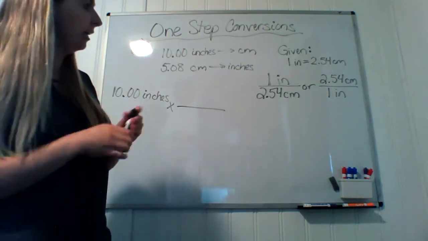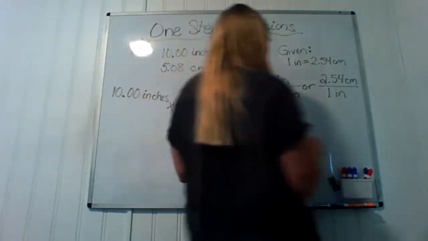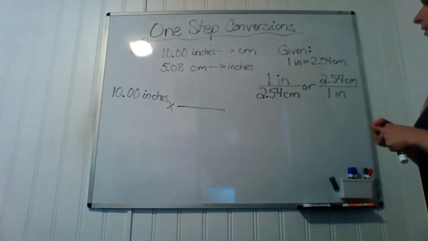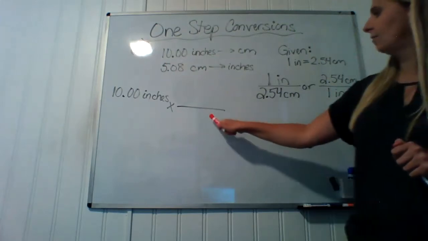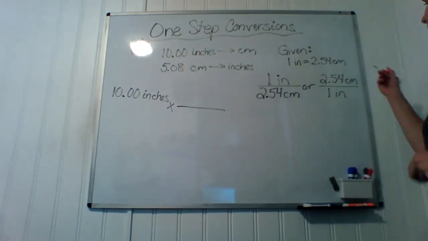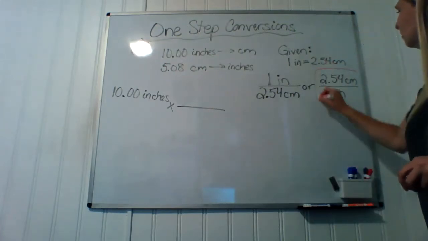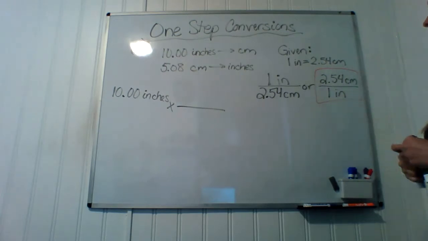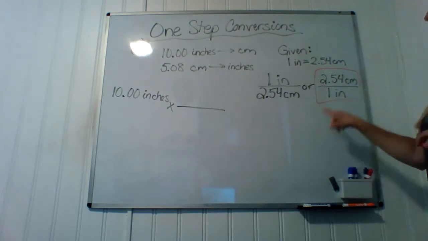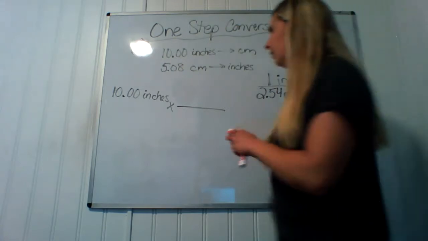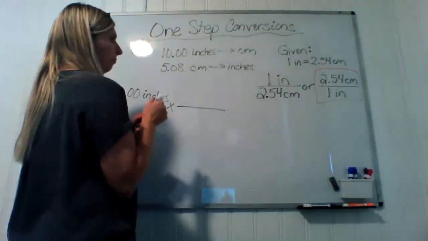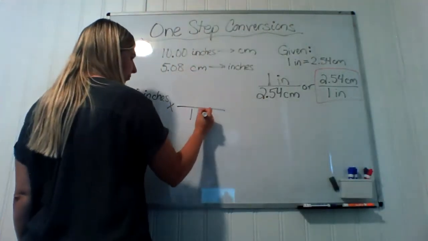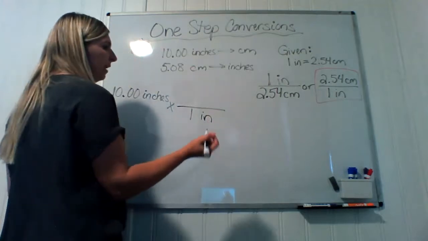So looking at these two conversion factors, which one is going to have inches in the bottom? We see that it is that one. The second one that's written here puts inches on the bottom, 1 inch on the bottom.